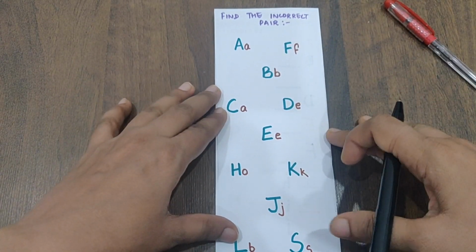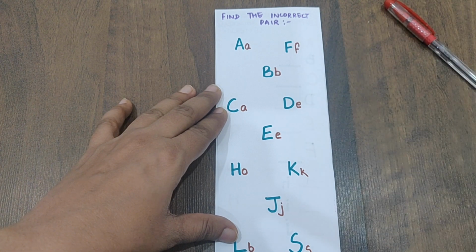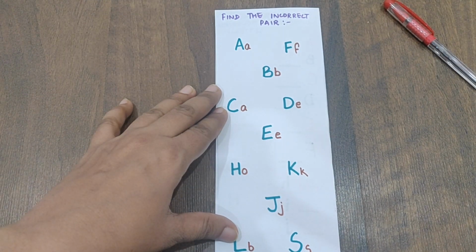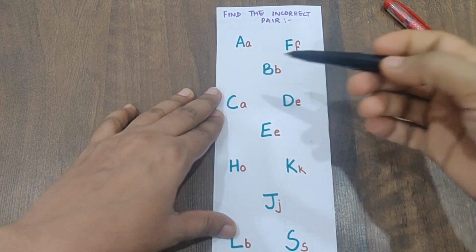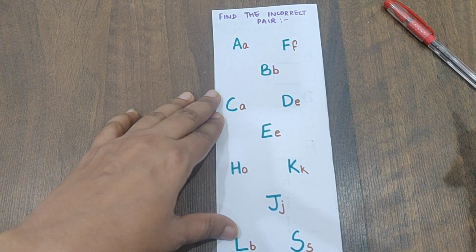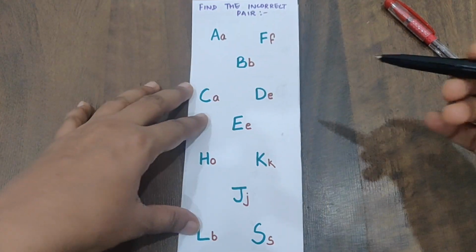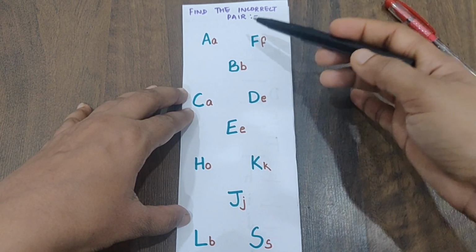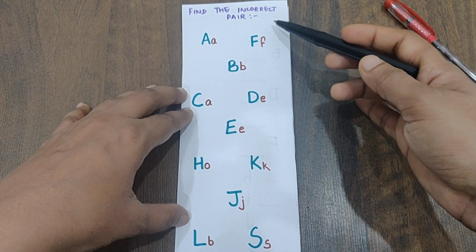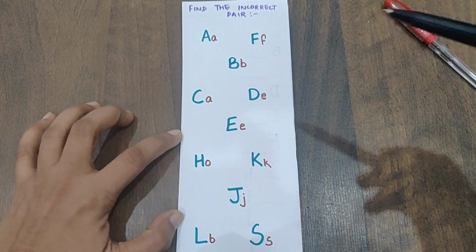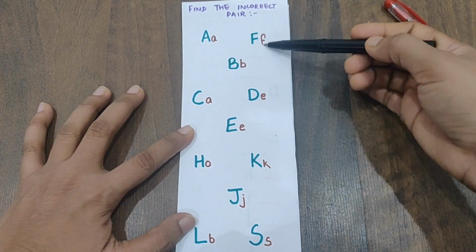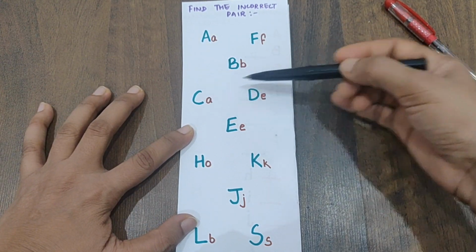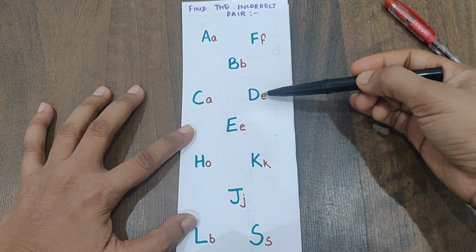As you can see over here, find the incorrect pair. I have written uppercase and lowercase both, that is, I have made pairs of both, and in certain places there are mistakes. So the incorrect pair has to be found and circled by the child. A is correct, F is correct, B is correct, C is correct, D, but E is written, which is wrong.